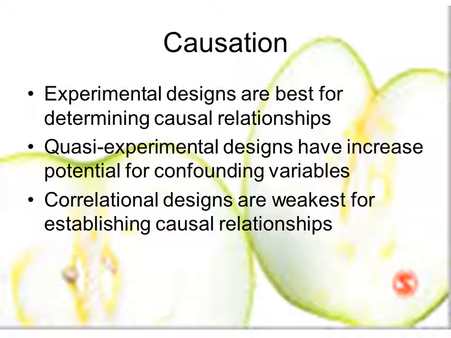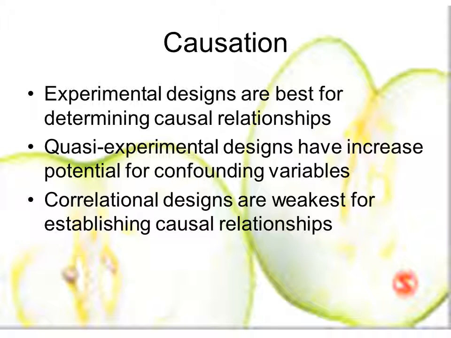And then we had talked about correlational designs. They're really the weakest as far as establishing causal relationships, just because we aren't really experimenting. We're just kind of, they don't like to use the word estimating, but that's basically what we're doing.